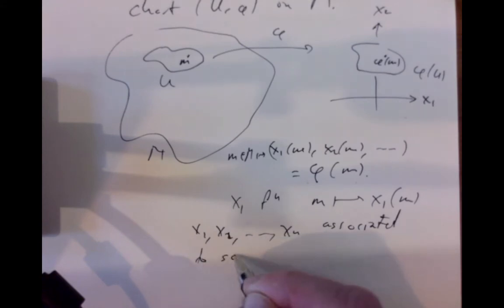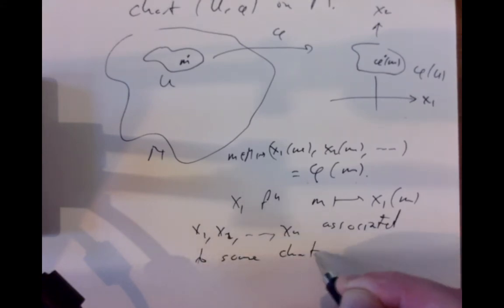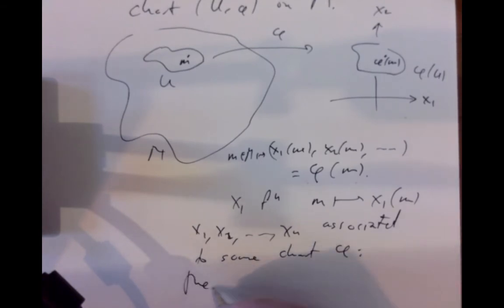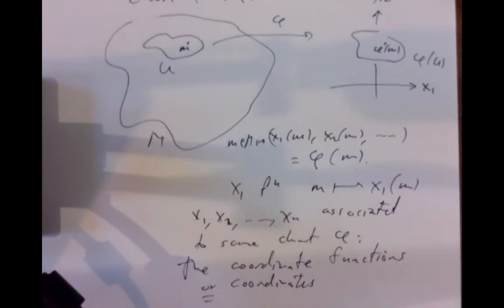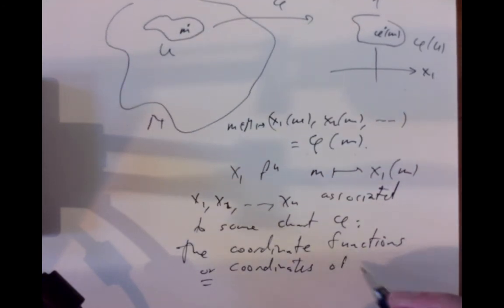They're called the coordinate functions, or the coordinates, which is perhaps more confusing, to call them the coordinates of the chart.